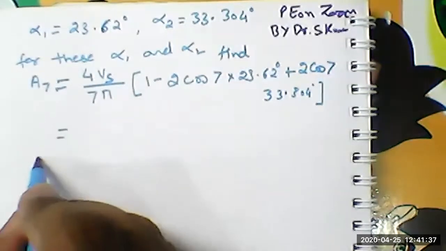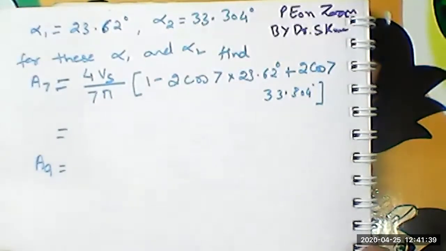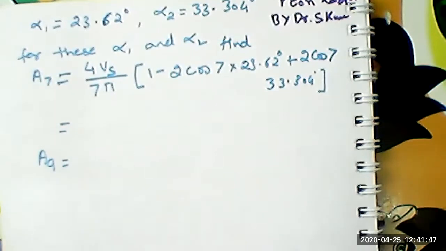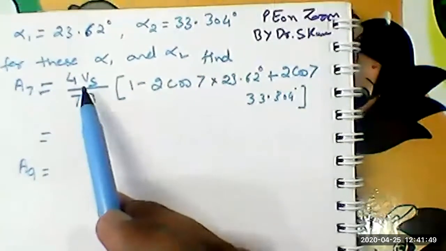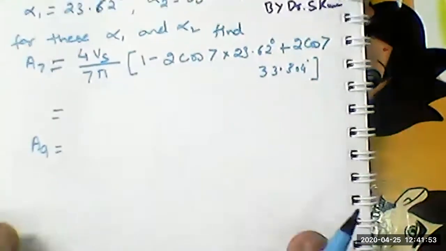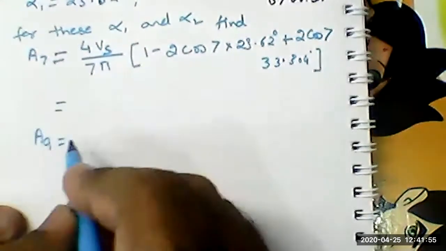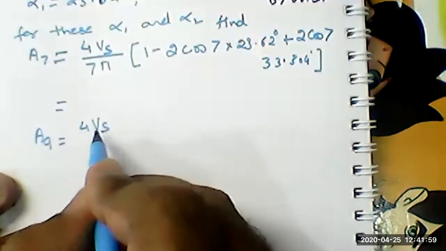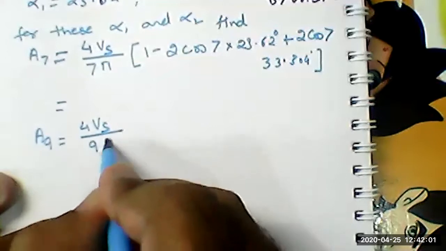I am writing A9 meanwhile. Anyone, since Nishant is at home, Prabhat is at home, I believe they have a calculator. You just meanwhile find out this value; it will come in terms of Vs. I am writing meanwhile the ninth component. The ninth component is given by 4Vs upon n pi.